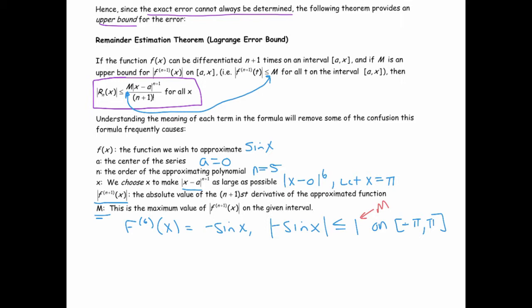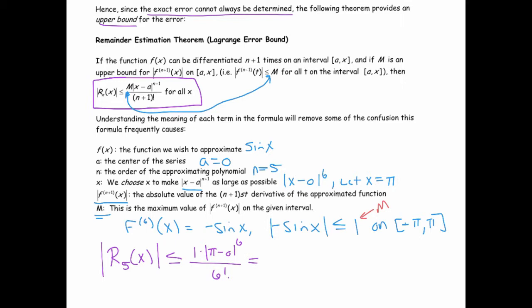And so now we're actually ready to use the formula. So we would say our error is less than or equal to our M value, which is 1, times x minus a to the n plus 1, which would be pi minus 0 to the 6th, divided by 6 factorial.